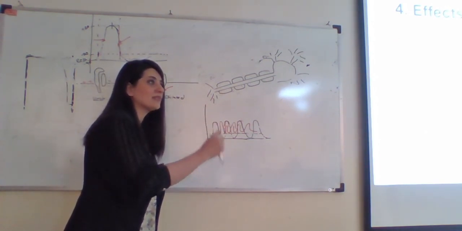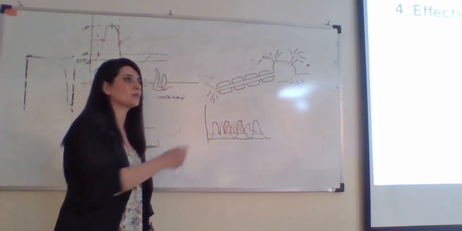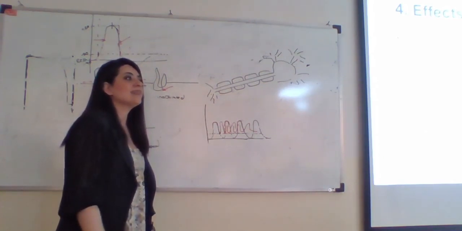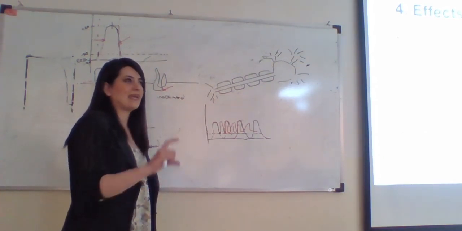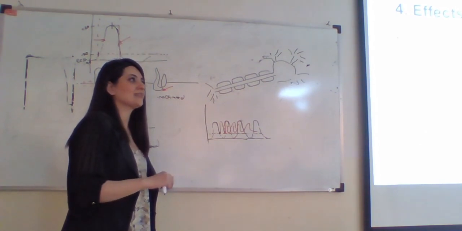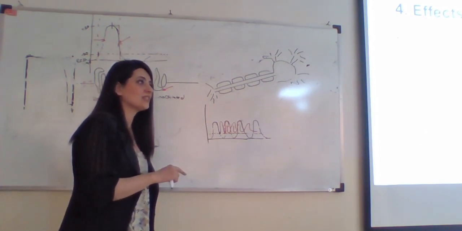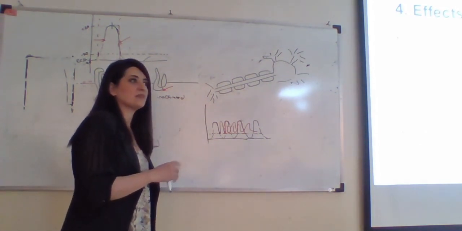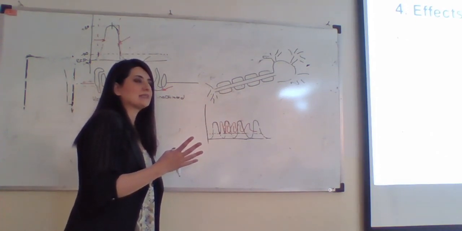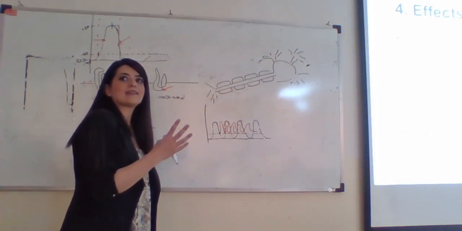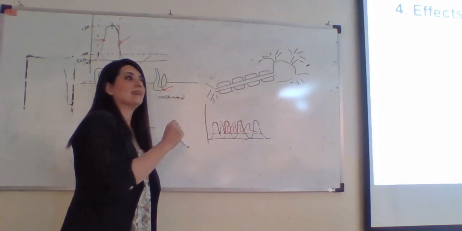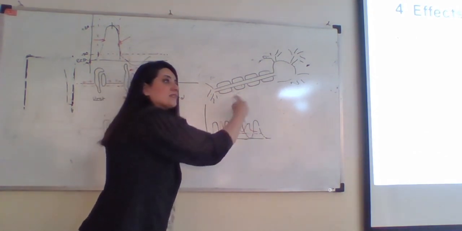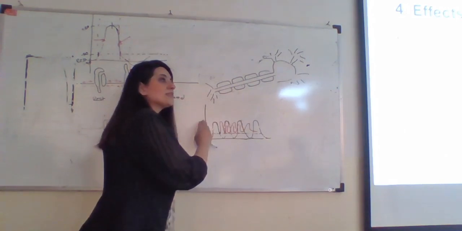The nerve axon in the peripheral nervous system is covered with a myelin sheath. Myelin is made by glial cells. A Schwann cell is a type of glial cell. By definition, glial cells are the supporting cells. In the nervous system we have neurons and glial cells.